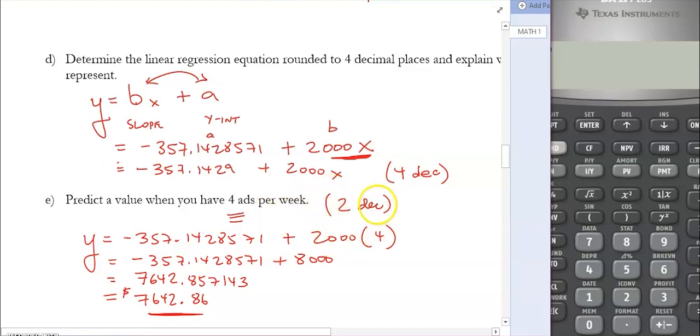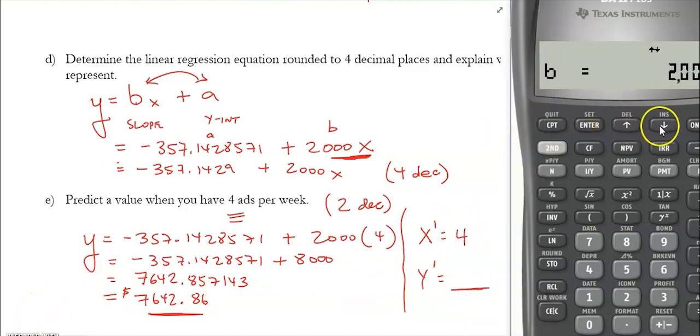Okay. Now, our calculator also has a built-in function. I'm just going to put x prime, y prime here. And we're going to put x is equal to 4, and we're going to try to find out what y is. So if you scroll down next, and you have your x prime here, if we put in 4, go 4, enter, and scroll down, and hit compute, then you have the exact same value.